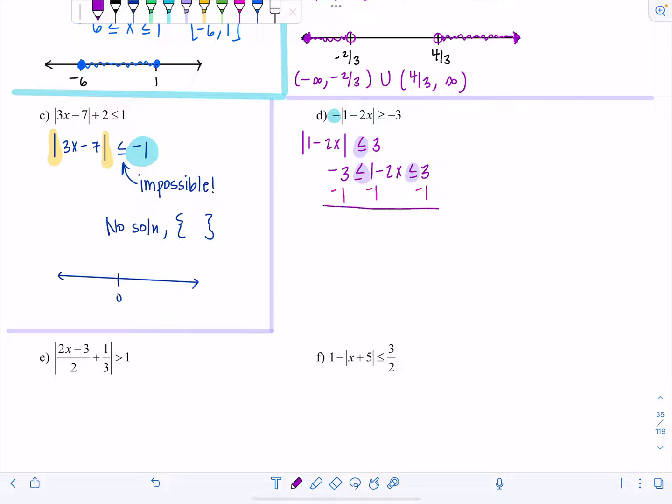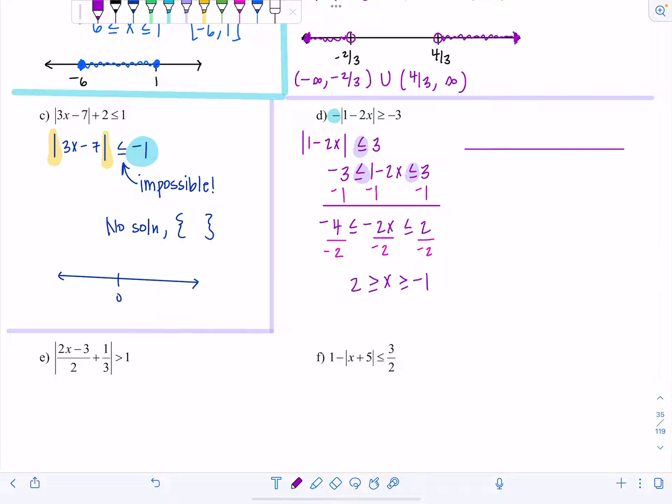And then let's see, what do we got going on? Negative 4 less than or equal to negative 2x less than or equal to 2. And then let's divide by negative 2, but with the utmost care, because when we divide an inequality by a negative, we got to flip the direction of that inequality, yes? Yes, so x is greater than or equal to negative 1 and less than or equal to positive 2.